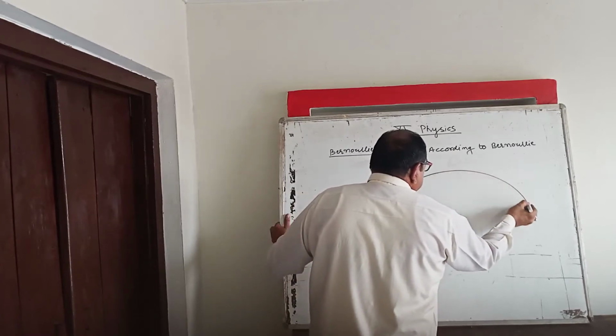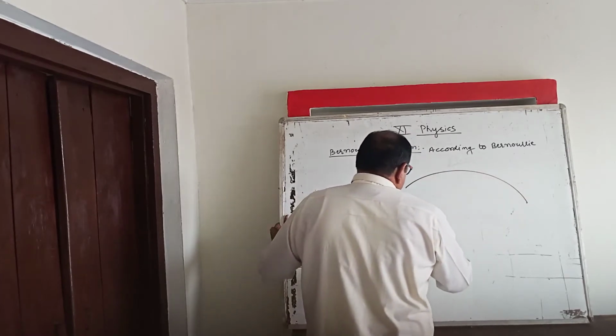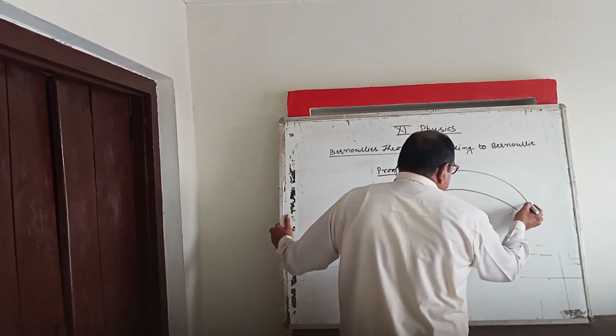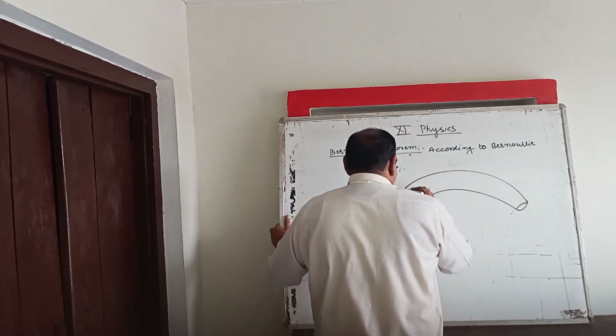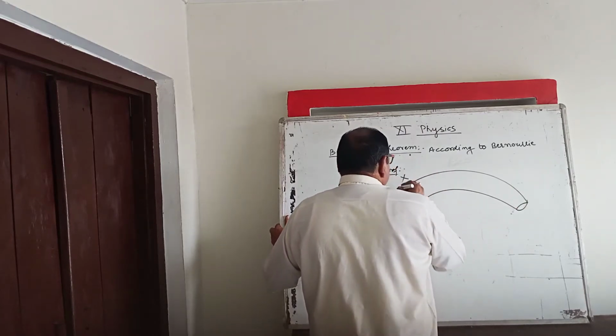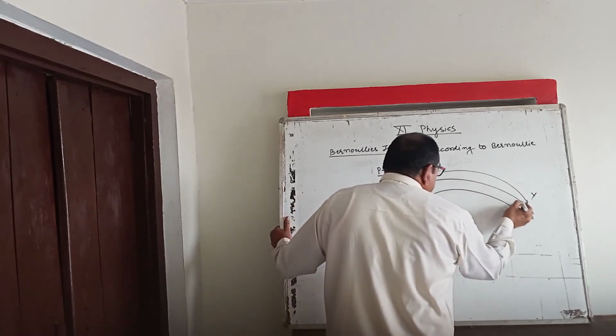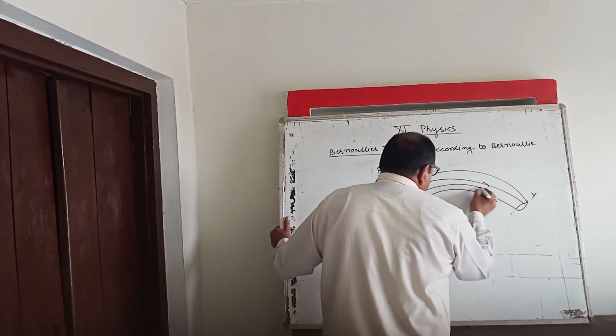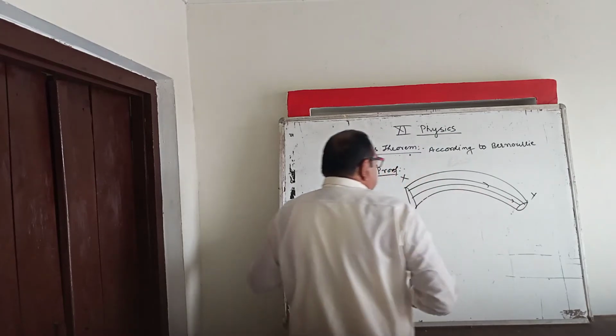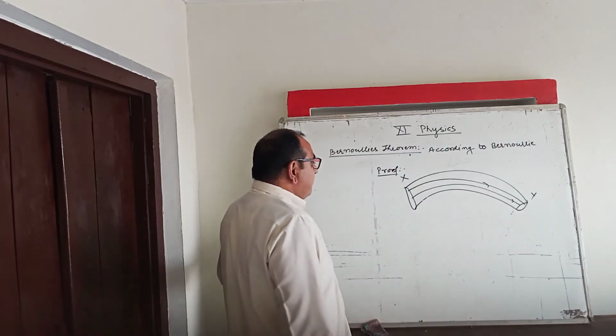I consider a liquid. This is a tube of varying cross-sectional area. This is the tube XY, and liquid is flowing in this tube in streamline flow.